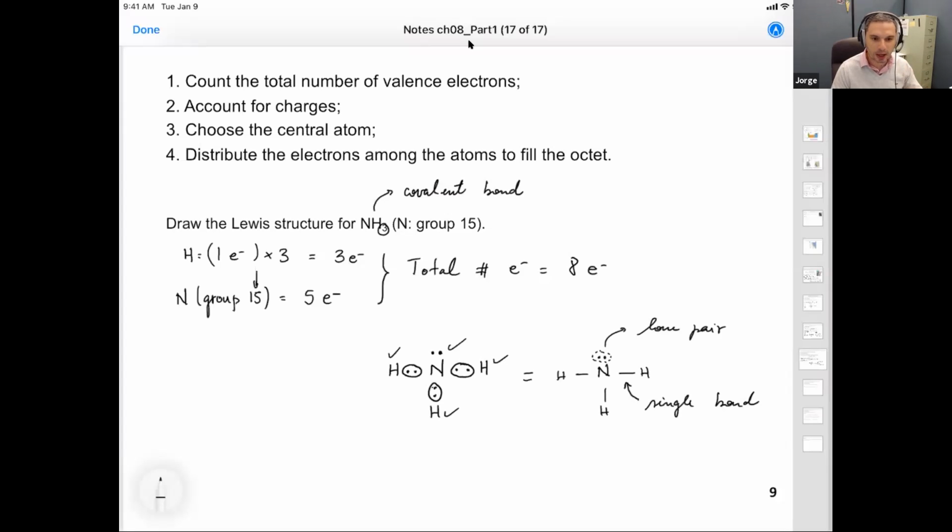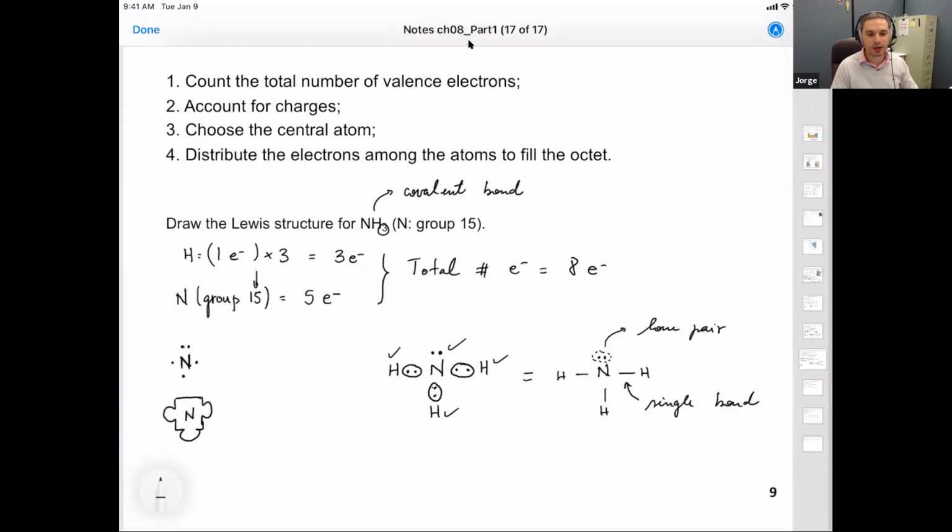If you use the puzzle analogy to figure out the max number of bonds of an atom, you will get to a similar conclusion. So nitrogen has 5 electrons, one, two, three, four, 5. Each edge that has a pair of electrons is going to be a flat edge, and each edge that has only one electron will be a spot where a covalent bond can be made.